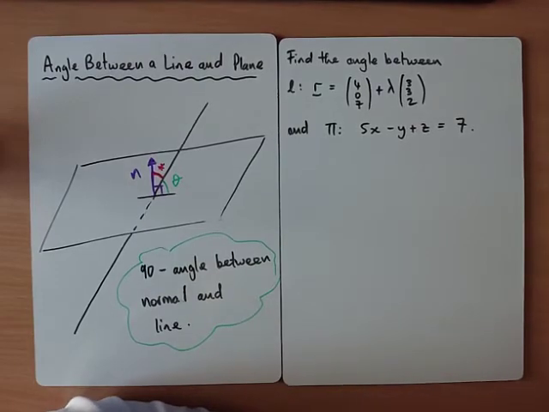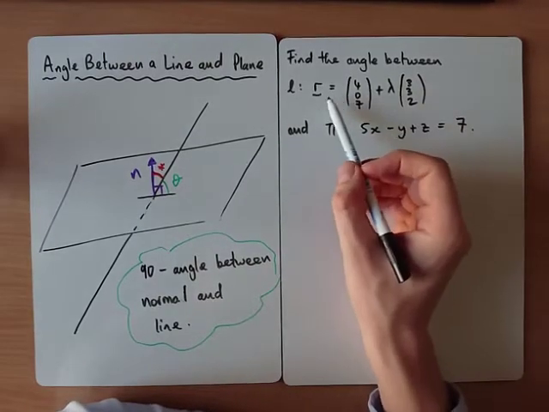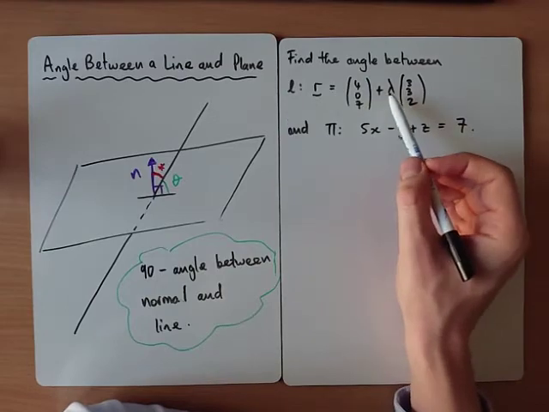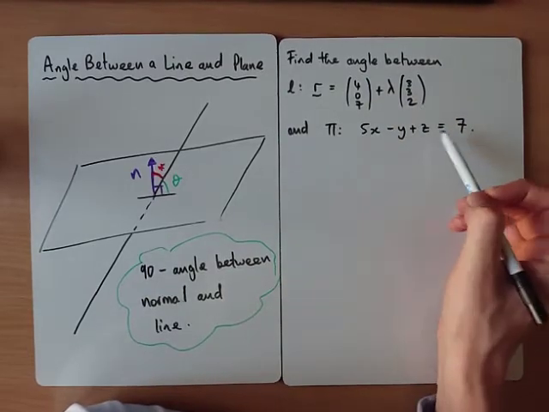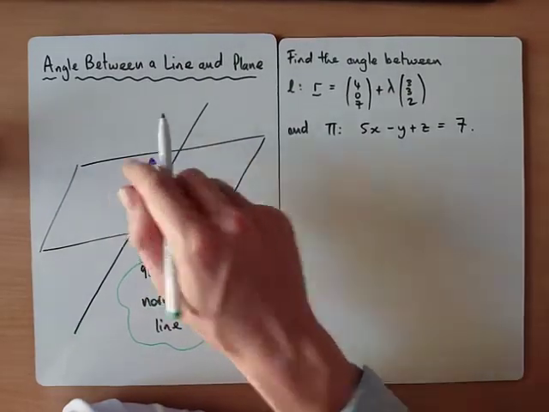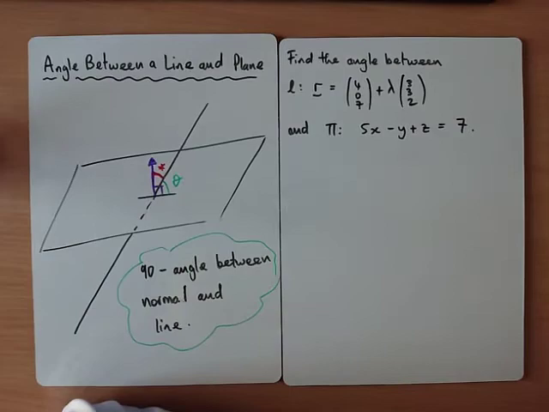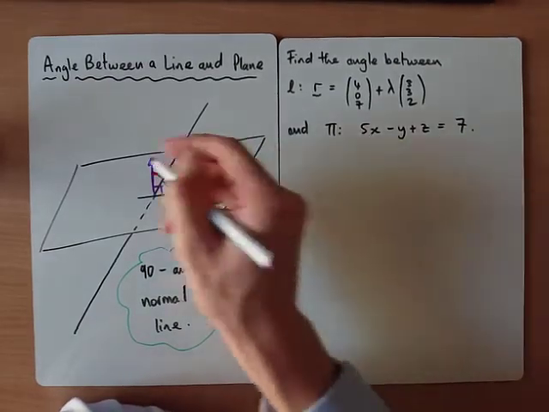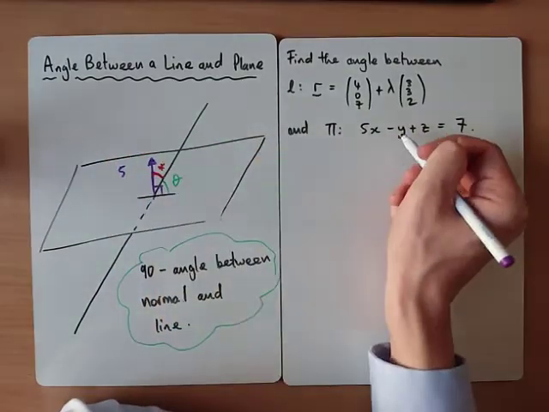So the example says, find the angle between this line here, (4, 0, 7) plus lambda (3, 3, 2), and the plane 5x minus y plus z equals 7. So if you think about our diagram here, the normal vector to the plane, if it's written like this, would be (5, -1, 1).